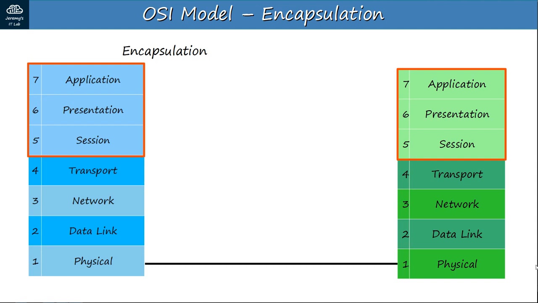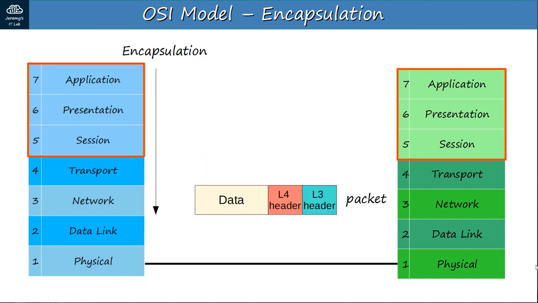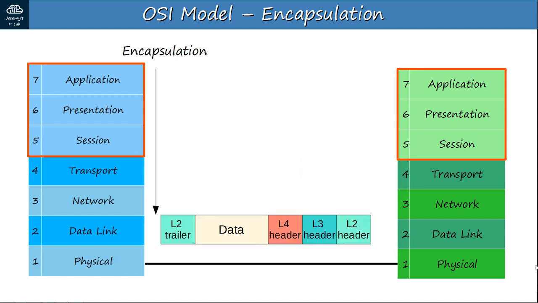Let's look at the encapsulation process once more. Data is prepared by the application layer. A Layer 4 header is added to the data to make a segment. A Layer 3 header is added to the segment to make a packet. Remember, the IP address is included in this Layer 3 header. Then, a Layer 2 header and a Layer 2 trailer are added to the packet.